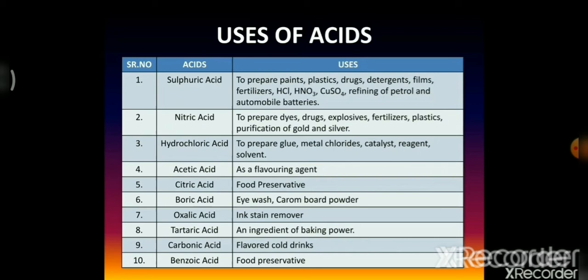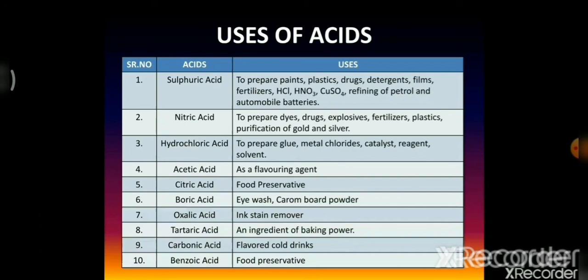Now we will discuss the organic acid uses. Acetic acid is known as vinegar. It is used to preserve pickle. It is a very good flavoring agent. Another acid is citric acid. It is present in all sour taste fruits, that is vitamin C fruits. It is a very good preservative.